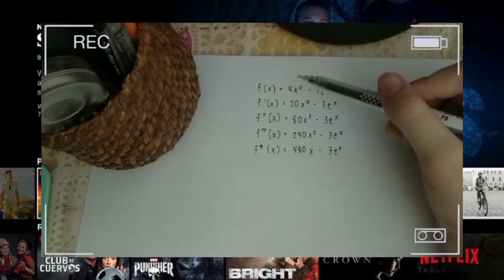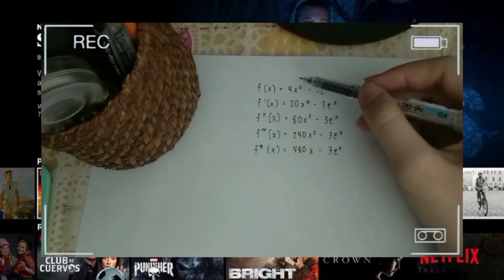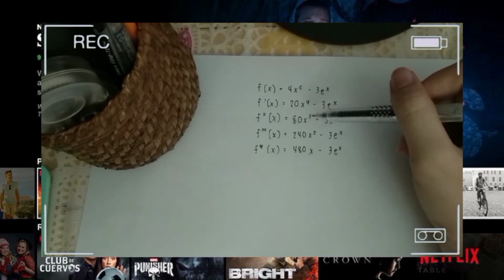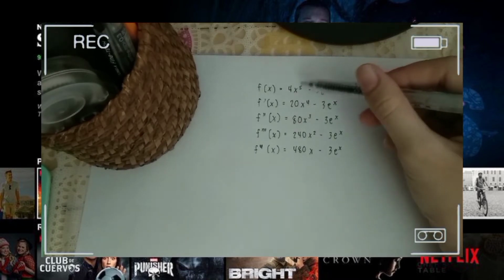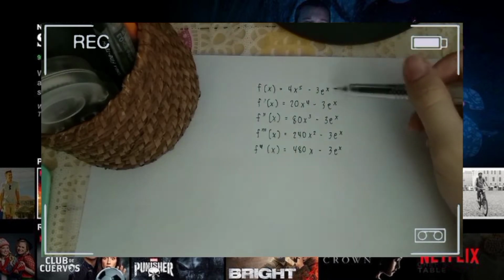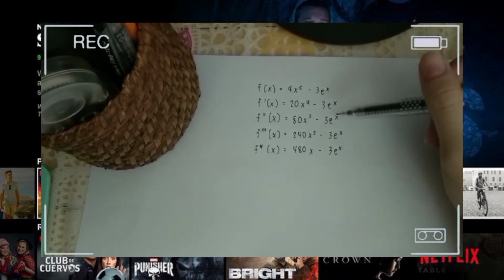Now, what the example shows is that when we're working with polynomials, the power will just keep on reducing each time you take a derivative. As you can see, 5 makes 4, 3, 2, and so on. But there do exist functions like 3e to the x that just don't get simpler as you take another derivative.